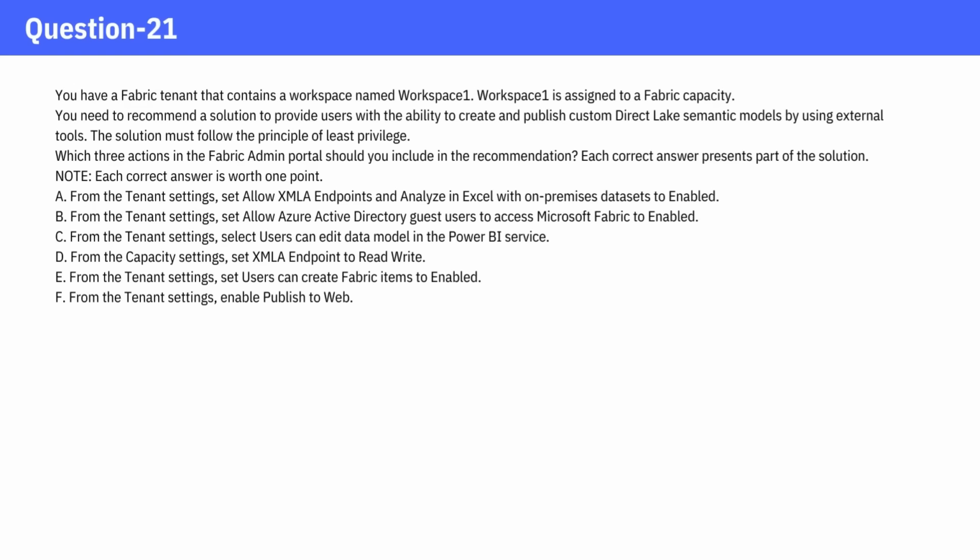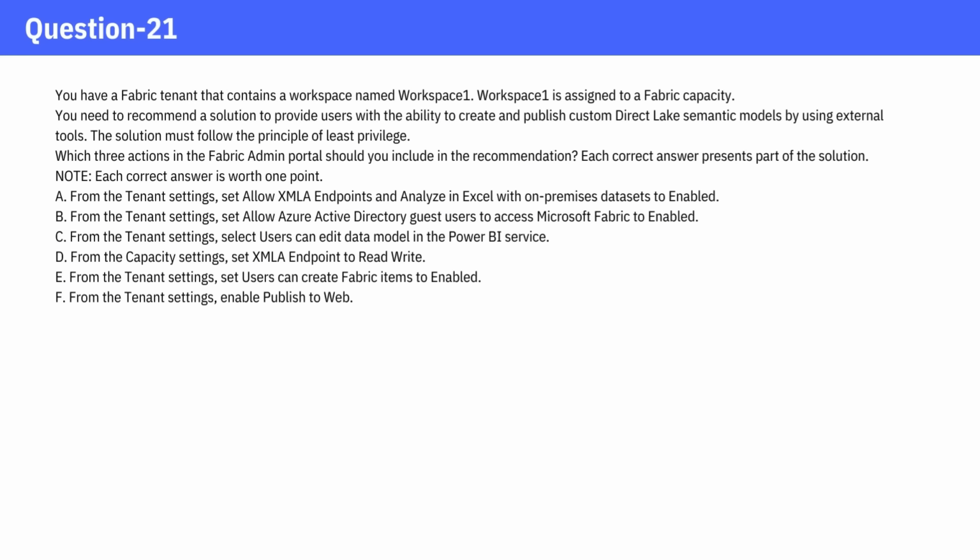Question 21. You have a Fabric tenant that contains a workspace named Workspace 1. Workspace 1 is assigned to a Fabric capacity. You need to recommend a solution to provide users with the ability to create and publish custom direct lake semantic models by using external tools. The solution must follow the principle of least privilege. Which 3 actions in the Fabric admin portal should you include in the recommendation?